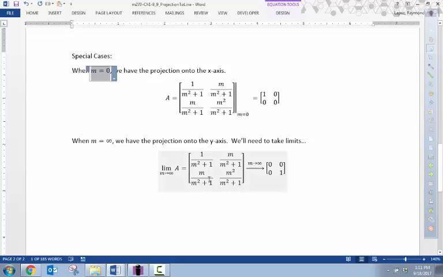Now, projecting onto the y-axis has our slope being infinity. A slope of infinity doesn't make much sense, so we have to take limits. Infinity in the bottom will get closer and closer to 0.